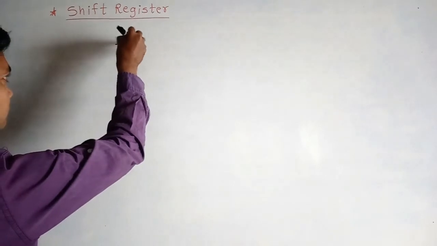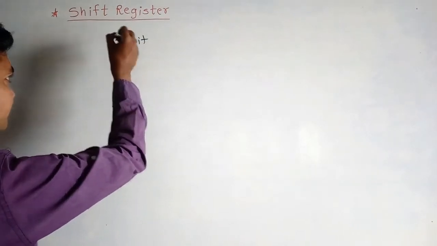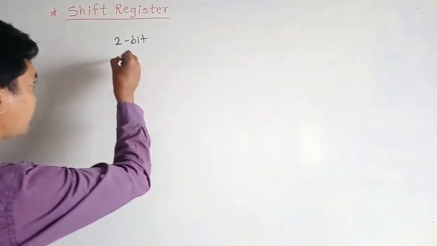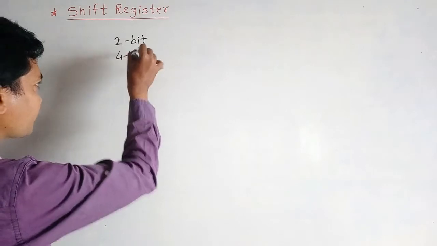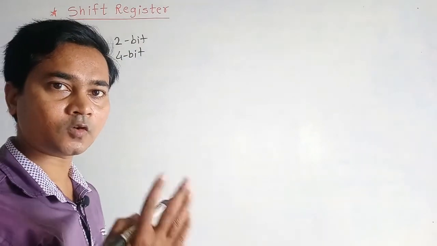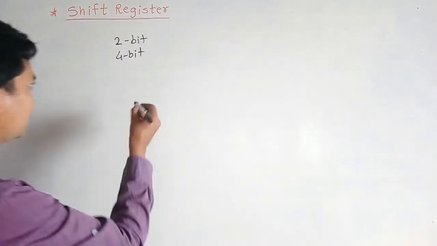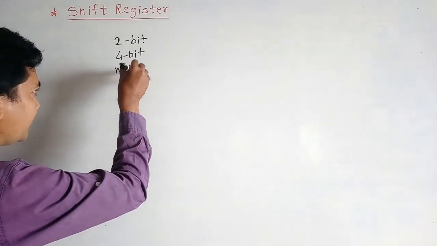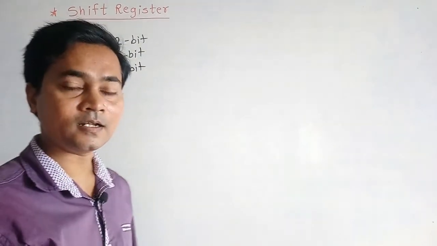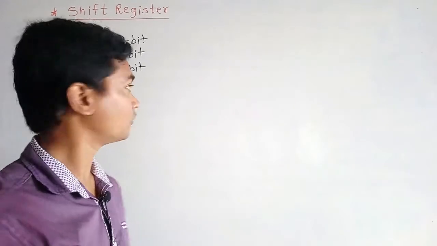Suppose we want to store 2-bit data, then what will we require? We require two flip-flops. If we want to store 4-bit data, then obviously we will require 4 flip-flops. That means if we want to store n-bit data, then we require n flip-flops.